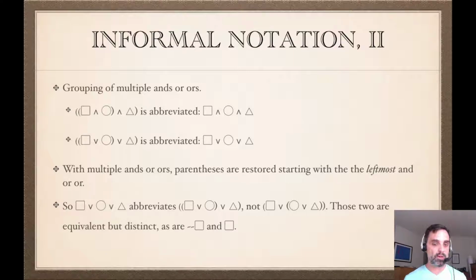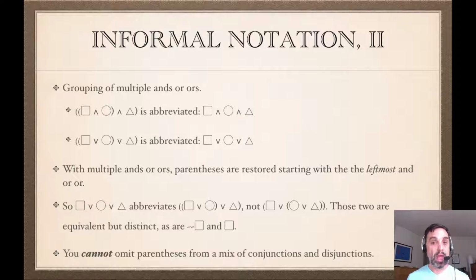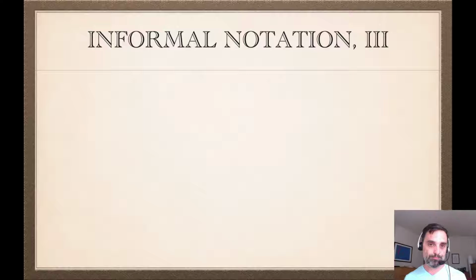So in derivations, everything is in informal notation, and if we see square or circle or triangle, we'll need to remember which is the main connective, where the parentheses go. The parentheses always go around the left connective, and so it's the right connective that's the main connective. And you cannot omit parentheses if you have a mix of conjunctions and disjunctions. It's only if they're all conjunctions or all disjunctions grouped to the left that you can drop parentheses, and that's the only place you can drop parentheses.